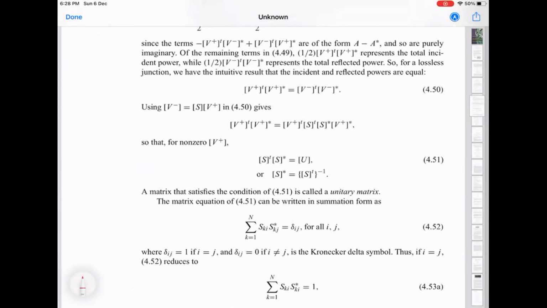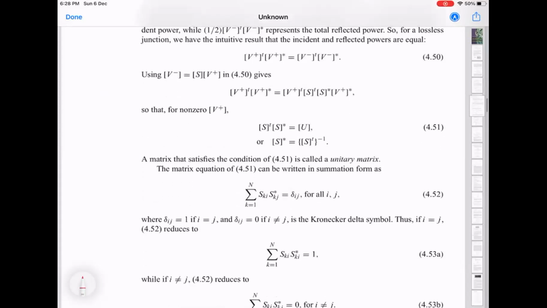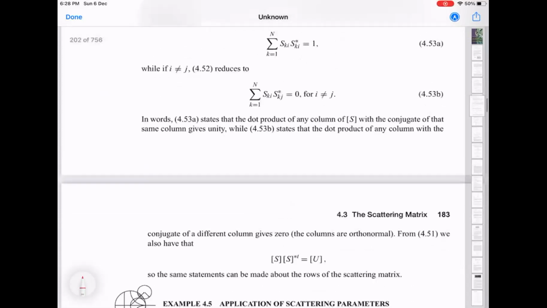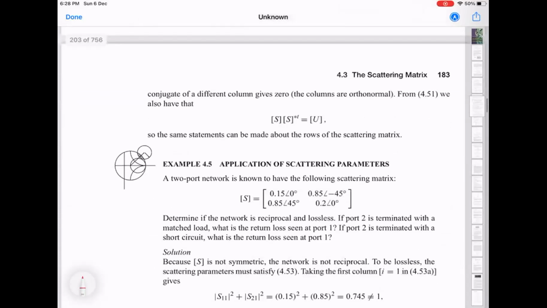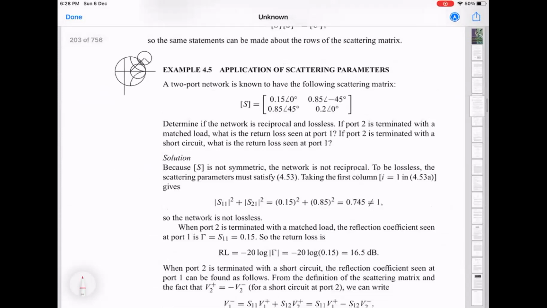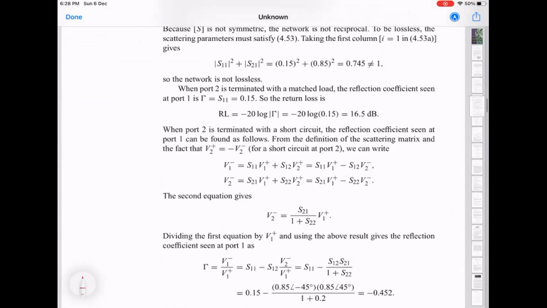So one often comes very close to this idealized lossless network, even in reality and not just in theory. One then sees that such a matrix has to be unitary in order to be valid. And this has connections to other things you know about unitary matrices in other branches of physics. Okay.